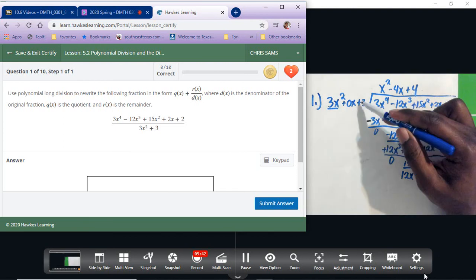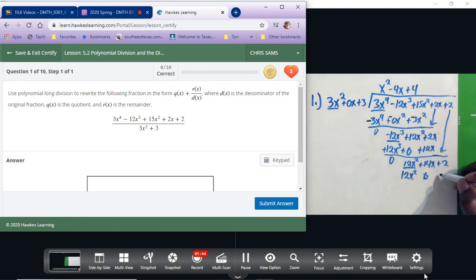And 4 times 3 will give us 12. We changed the signs. So now this is going to become negative. It's just 0. This will become negative. And this will go to 0. This will be positive 14x. And this will be negative 10. Okay, so we don't have any more terms to bring down.